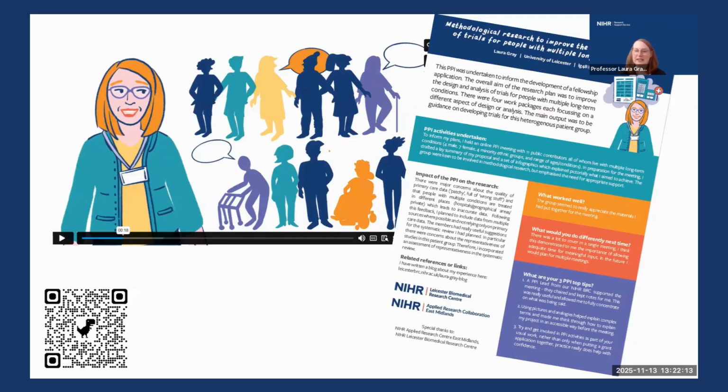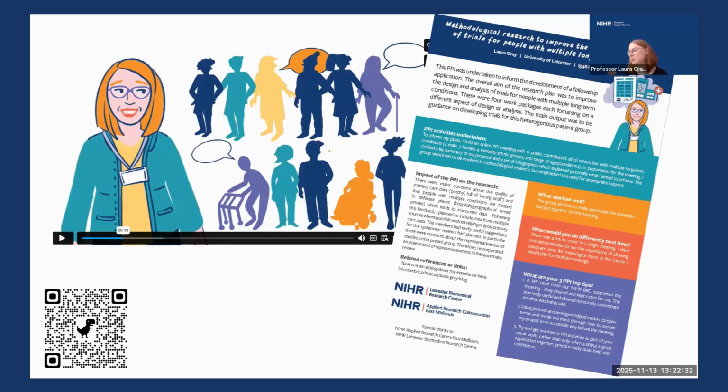So you can see on the screen, this one is the fellowship application I was talking about earlier, so that's animated me, you can see. And then alongside the animations, we developed some information sheets, and these sheets are more for researchers who want to know more.